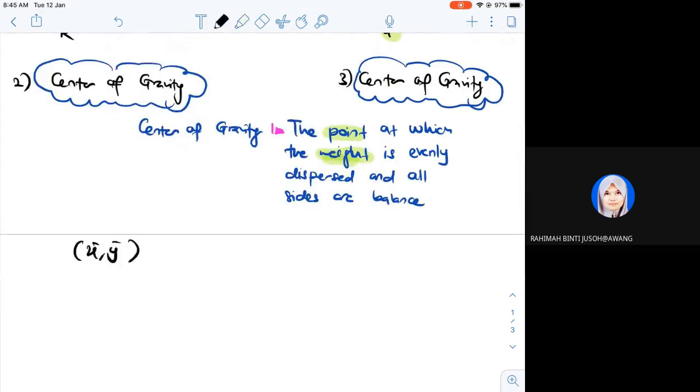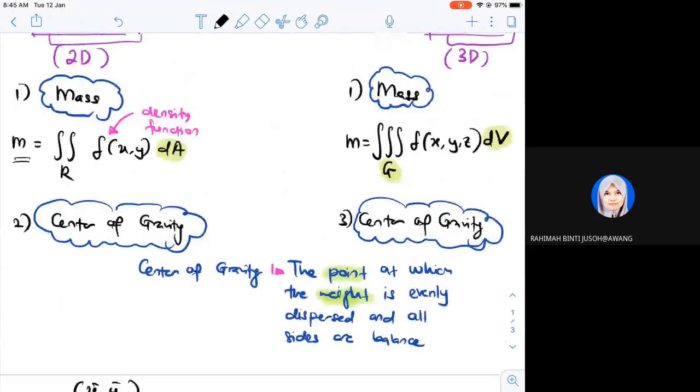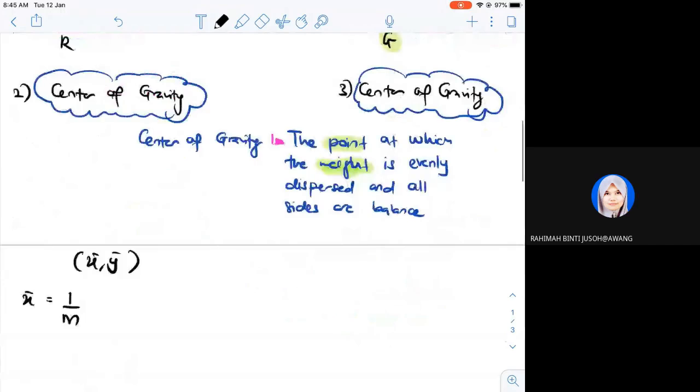So the formula of X bar equals 1 over mass. Okay, why 1 over mass? This M is what we calculated earlier, the mass. 1 over mass because as I mentioned earlier, center of gravity is related to weight. So that's why we use mass in the formula of calculating center of gravity.